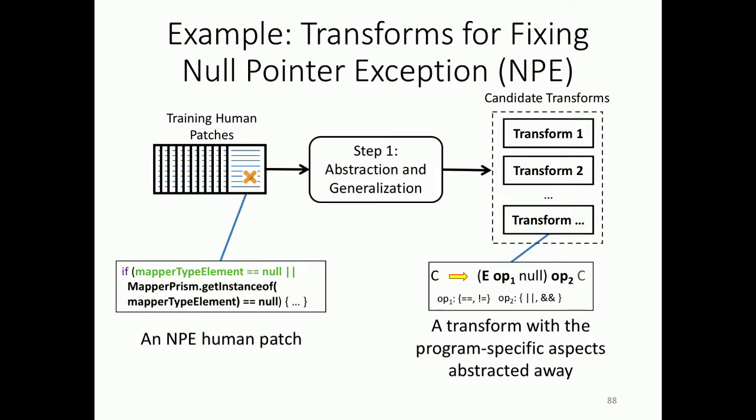After the first step, we abstract away the program-specific aspects of this patch, like the variable names and the expressions it touches, just to keep the high-level action of what the developer did. Like it disjoins a new clause to check against a null value to fix an NPE error, so that this action can apply to different applications.